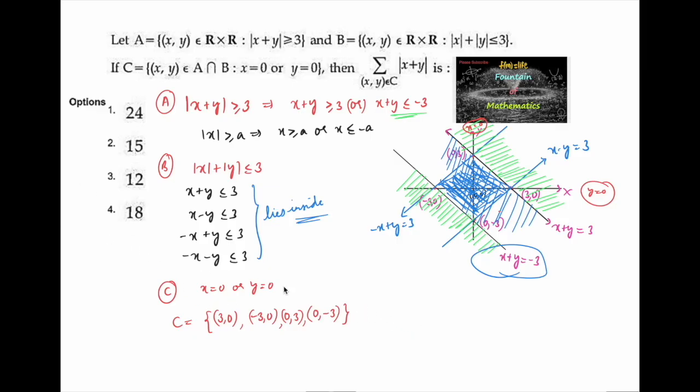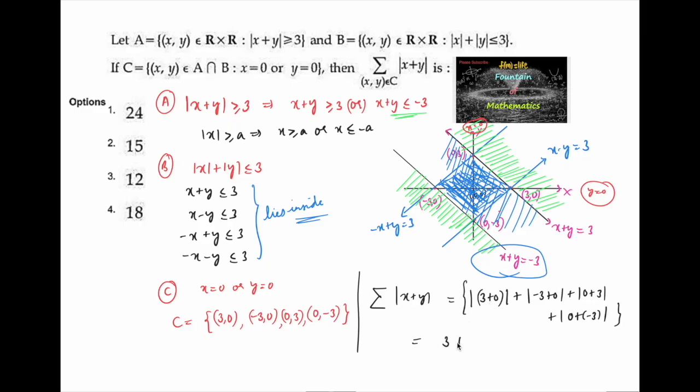And now the summation of mod of x plus y, where x comma y belongs to the set C. We can write it as mod of 3 plus 0 plus mod of minus 3 plus 0 plus mod of 0 plus 3 plus mod of 0 plus minus 3, which is equal to 3 plus 0, mod 3 is plus 3.